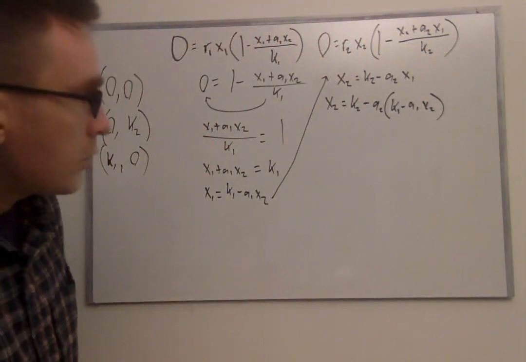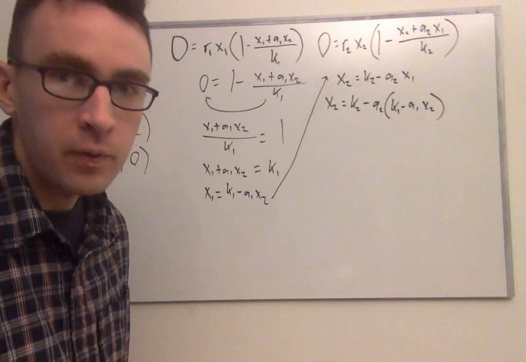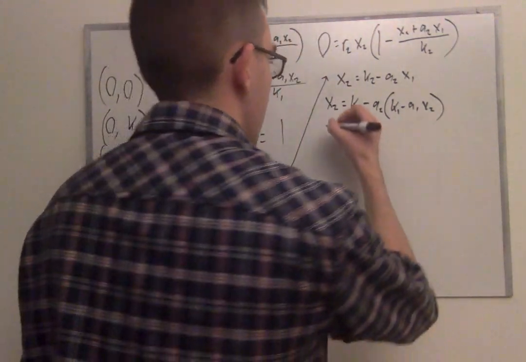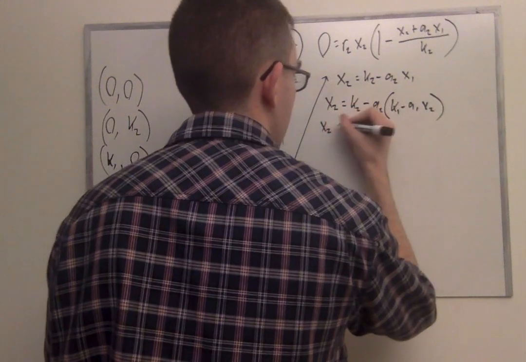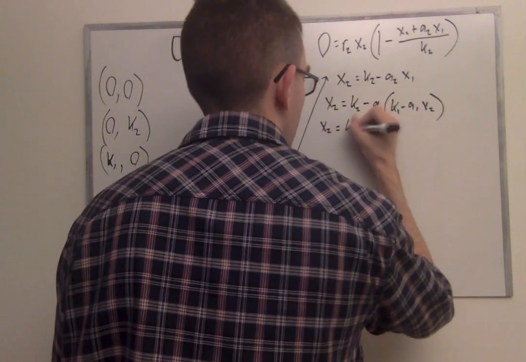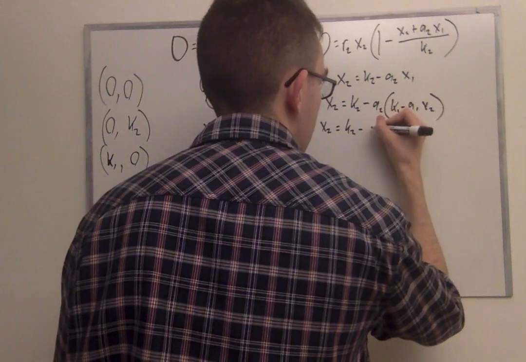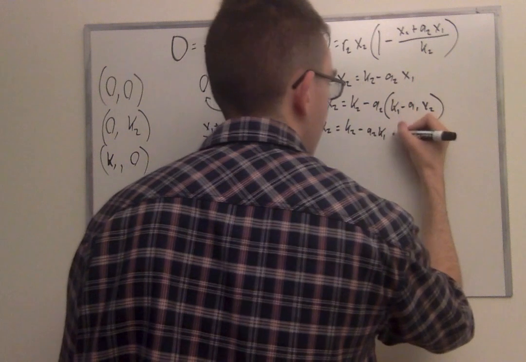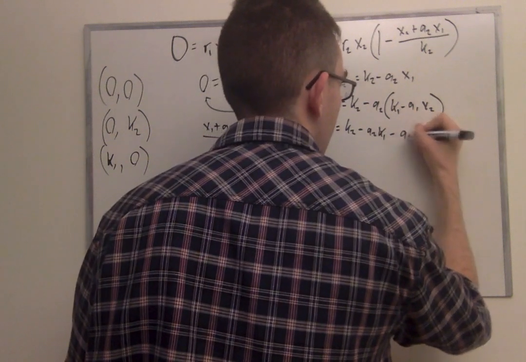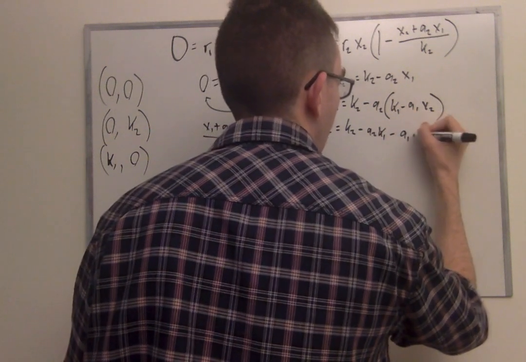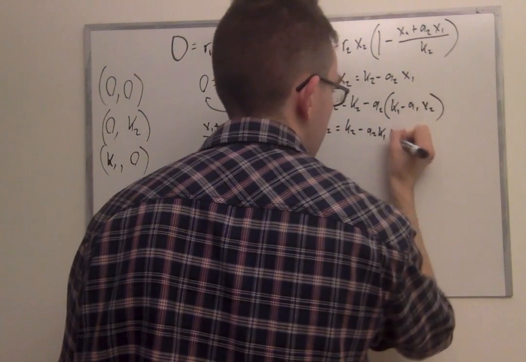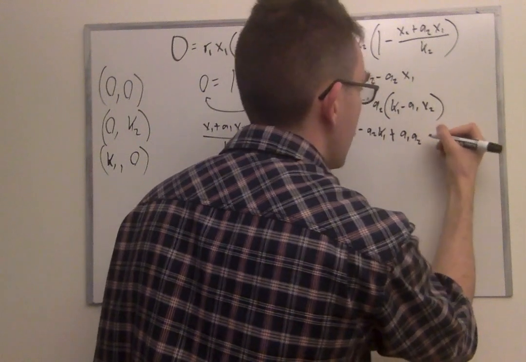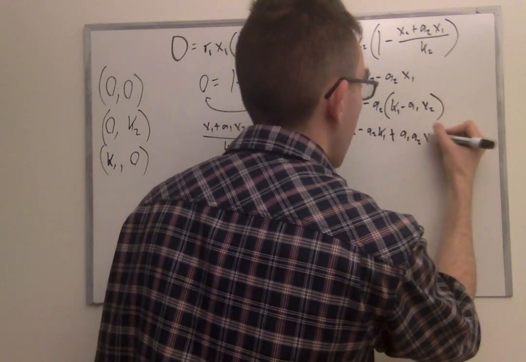Okay, so now it's just a matter of computing this out to get the answer in a nice format. So the next line is going to be x2 equals k2 minus a2 times k1 minus a1 x2, which gives plus a1 a2 x2.